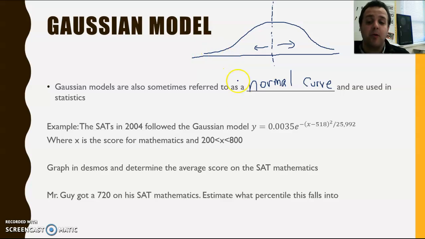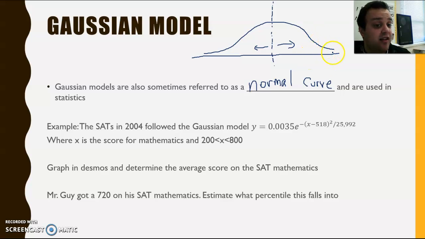For example, this one's about the SAT and SAT scores. If the average SAT score is around 520, 518, something like that, less and less people are going to score really, really high above that. If this is about 500, let's say, 600 might be here, this is the amount of people that are going to score between 500 and 600, and then out here might be 700, and then 800.